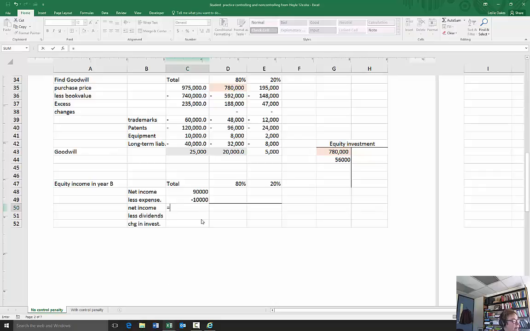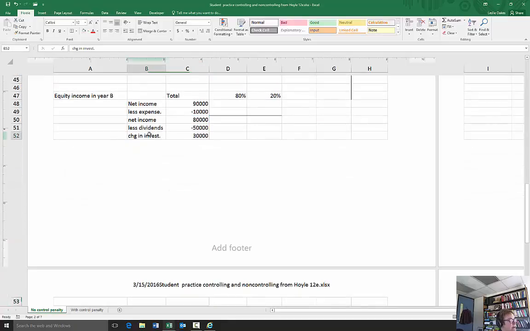Yeah. Now we're going to subtract the total amount of dividends. It's really important that we keep track from now on in totals and amounts that have been distributed to the two parties involved. That leaves us with a change in our total investment, or a change in total retained earnings, of 30,000. That might actually be a better title.